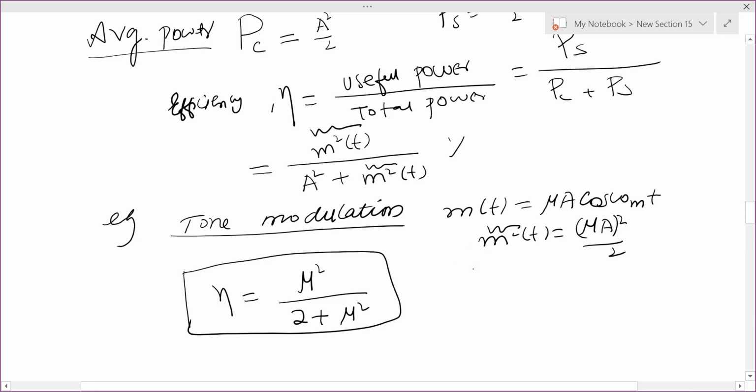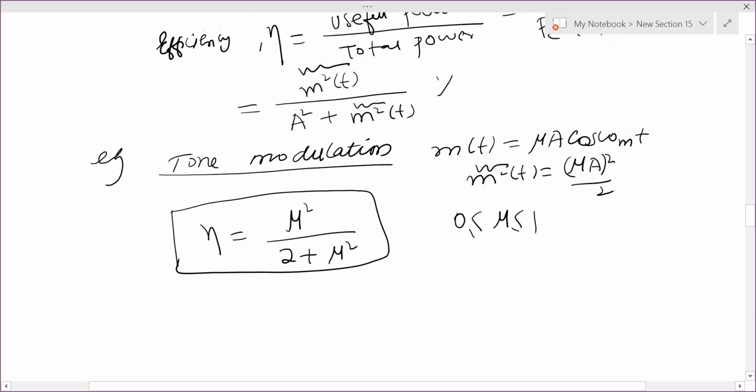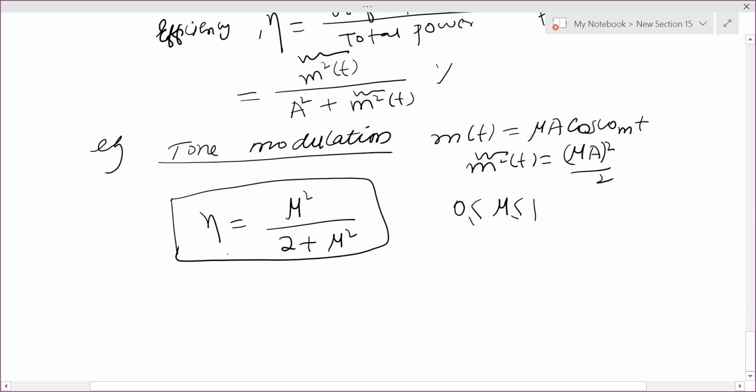AM with tone modulation, and clearly we know that 0 is less than or equal to mu, which is less than or equal to 1. Suppose I want to find the maximum efficiency we can get; for that you need to differentiate this with respect to mu and put that equal to 0. Okay, and you will note that for the derivative to be 0, you need mu equal to 1.